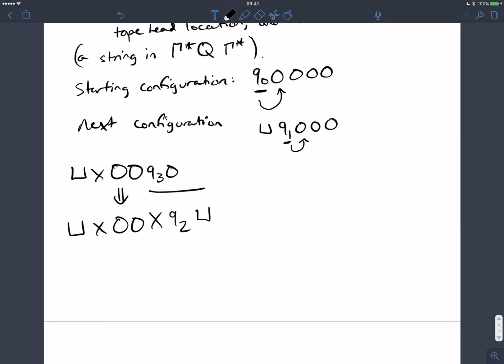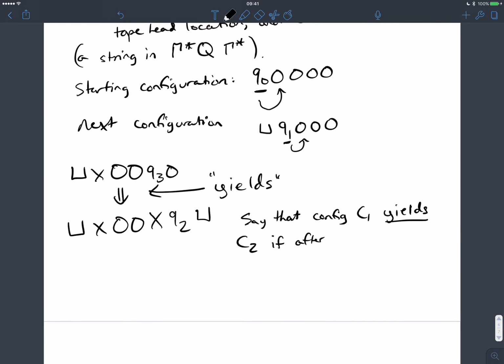So this process right there is called yields. We say that config C1 yields C2 if after one transition from C1, the resulting config is C2.